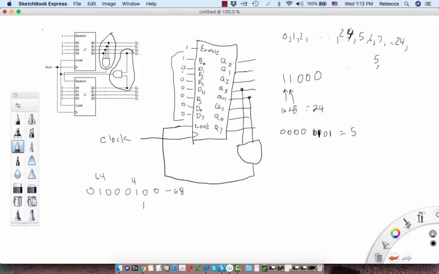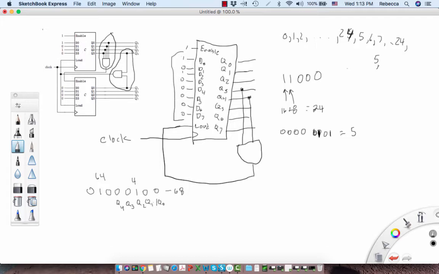But it does not have both Q3 and Q4 equal to 1. This is Q0, Q1, Q2, Q3, Q4.